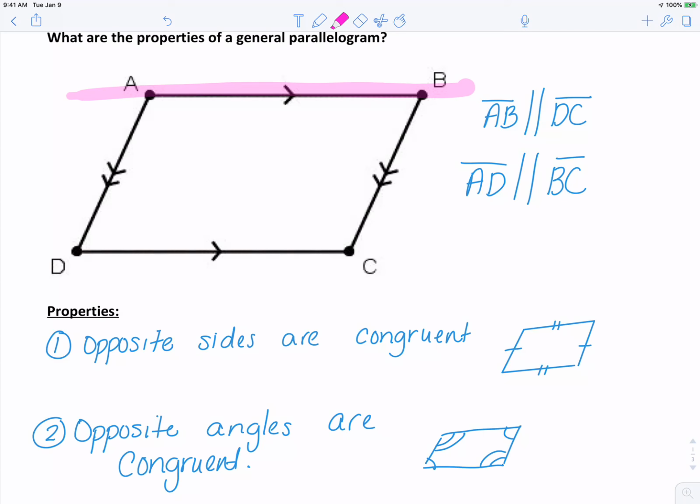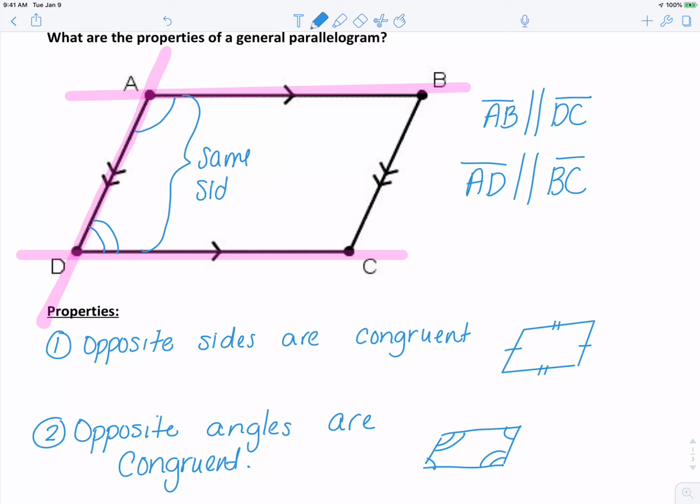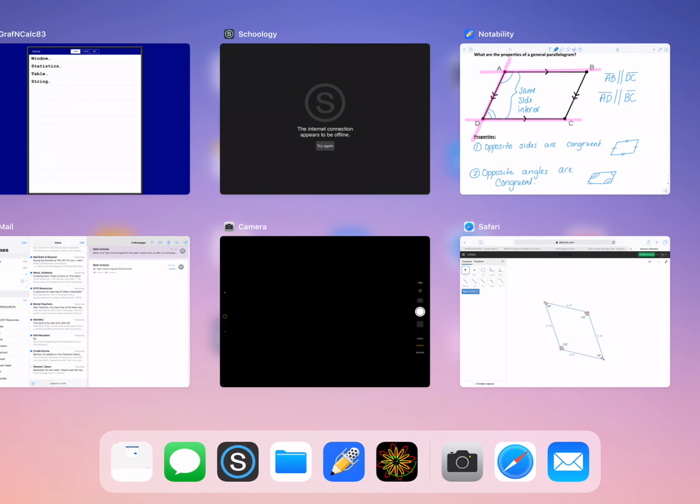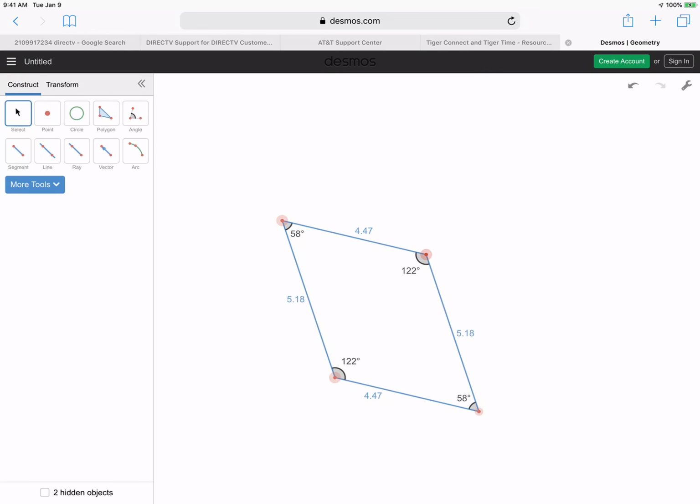I know that AB is parallel to DC, and that means that AD can act as a transversal. So then angle A and angle D are consecutive angles, but they're also, if you recall, what we call same side interior angles. And if you remember, same side interior angles are supplementary. So that means all of the consecutive angles are supplementary.